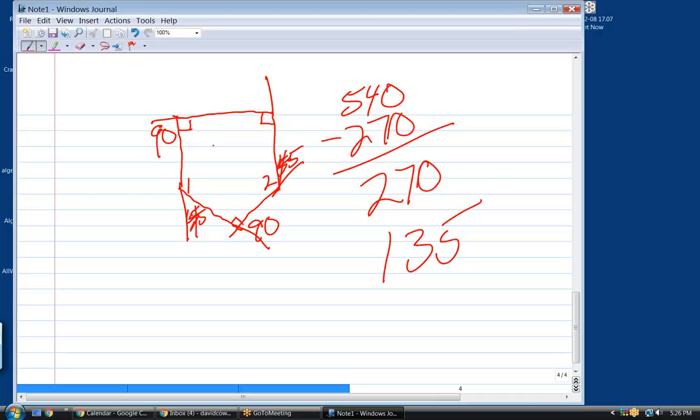This is convex. I got my definitions backwards. I thought this was a concave polygon, and I thought a convex polygon would be something like that. Apparently it's the other way. This is convex, and this is concave.